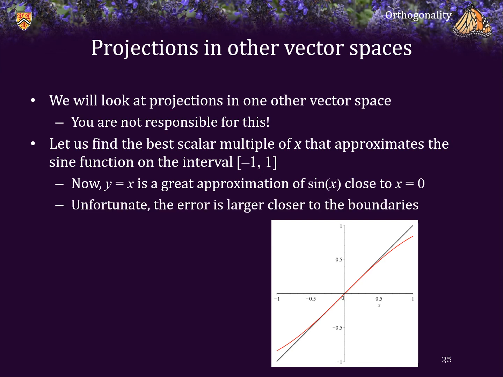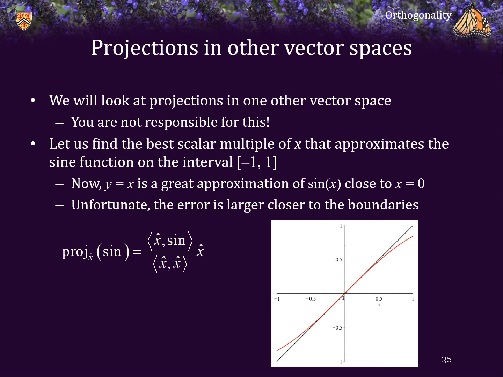Well, we want to avoid that large error close to the boundaries, so let's calculate the projection. Now, the projection of sine onto the function y equals x is just the inner product of x and sine over the inner product of x and itself multiplied by the function x.